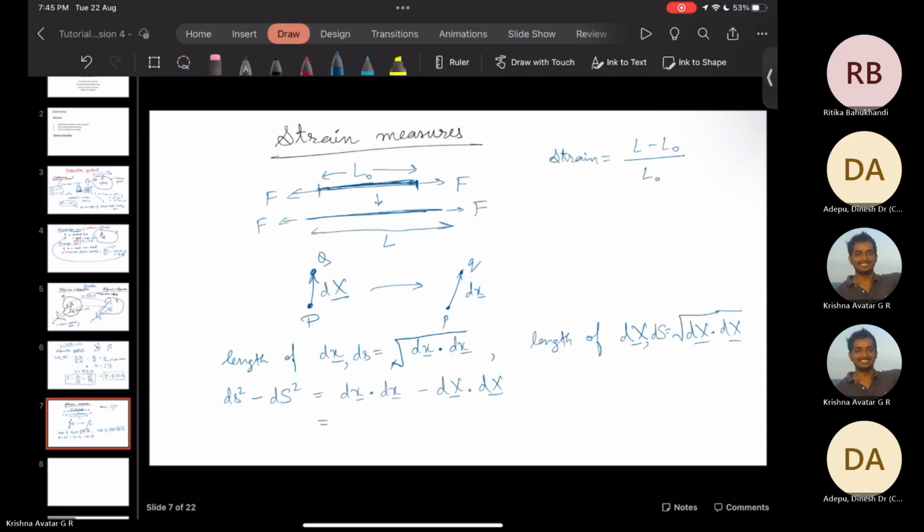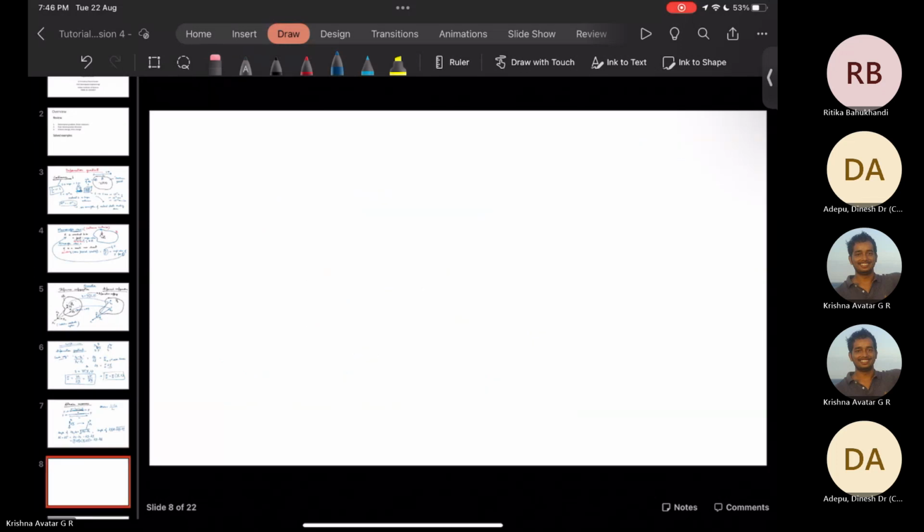So what I'll do is I'll just substitute that expression here. So it is F tensor d capital X dot F d capital X minus d capital X dot d capital X. Okay, so we'll just move to the next slide and then continue.